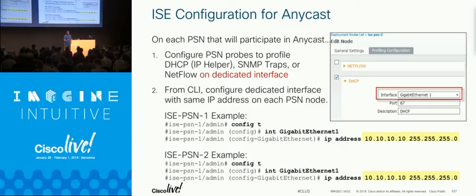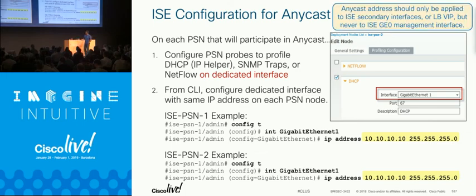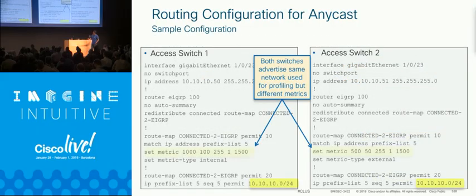If you have two PSNs with the same admin IP, it's not going to work. That's why I use the Gig 1 interface or Gig 2 or some other interface than Gig 0 and configure that with the Anycast address. And then I think we have a slide that talks about the switch configuration. On the switch, how would you configure and set up these metrics and all that stuff. So that's all available for you guys.